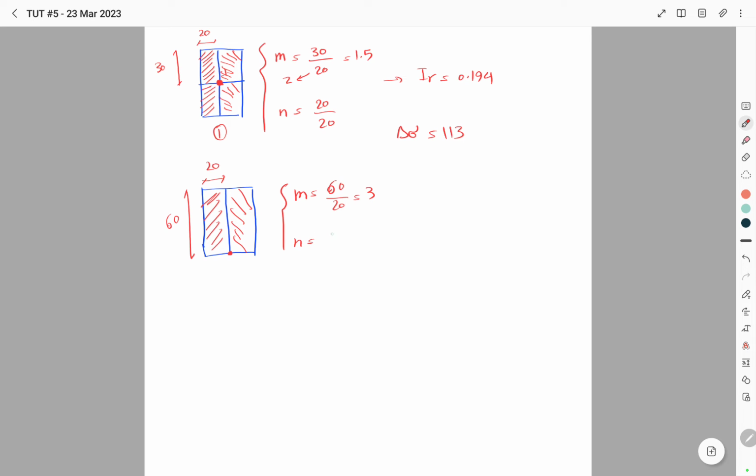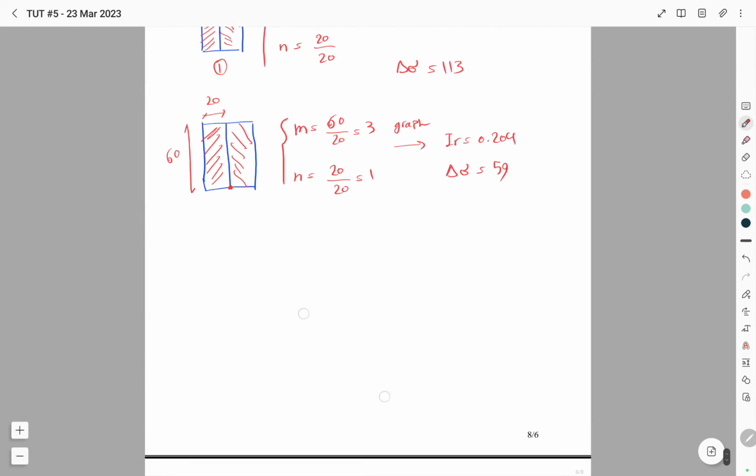N would be 20 over 20, which is equal to 1. Using the graph, we have IR equal to 0.204, and delta sigma is equal to 59.